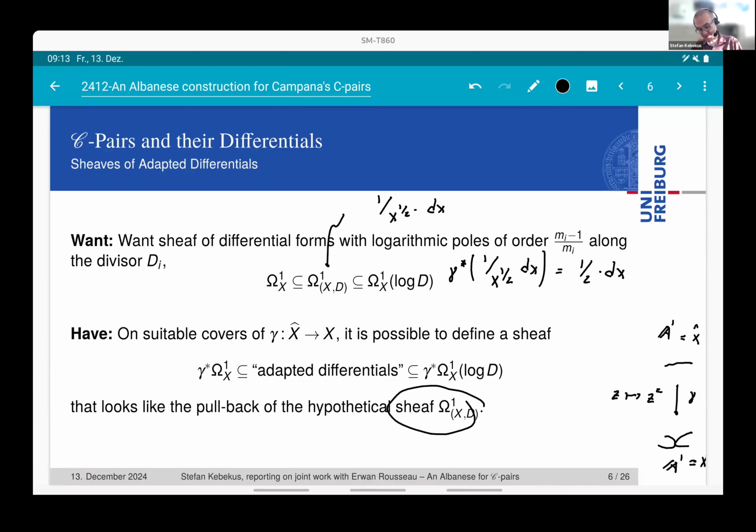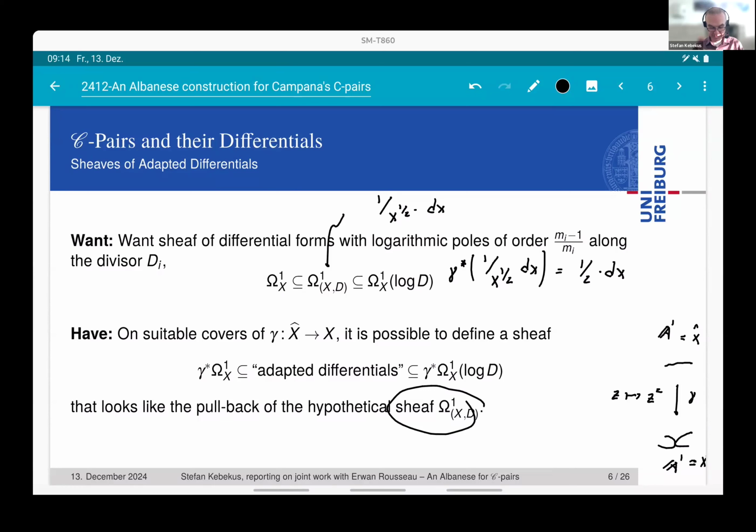Now, if I raise the branch multiplicity by looking at the morphism of the form z goes to z to the m, then the hypothetical pullback that I obtain by applying the formal rules of differentiation will be a sheaf of differential forms that has zeros to a certain order.